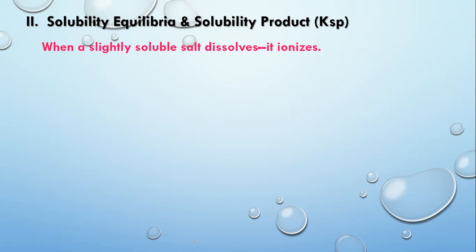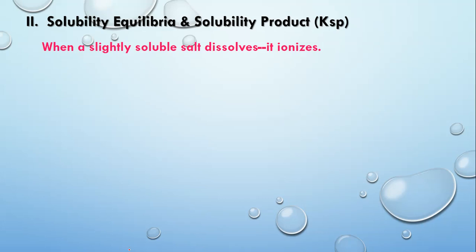We've looked at the common ion effect. We've looked at titrations. And now we're going to conclude this with solubility equilibria and how you would handle a problem when you have a slightly soluble salt.